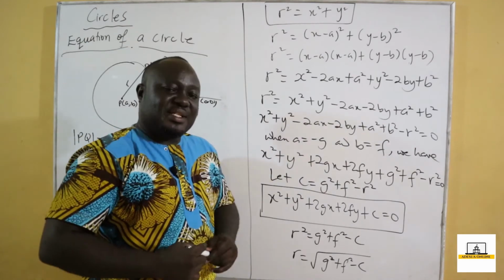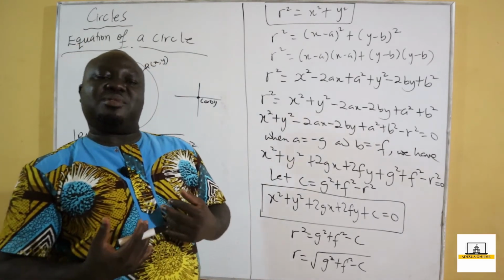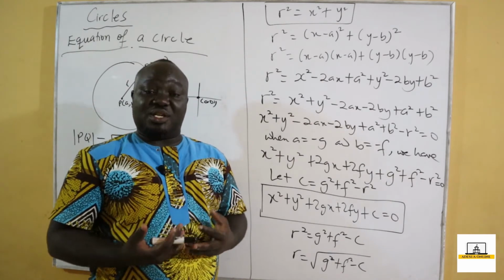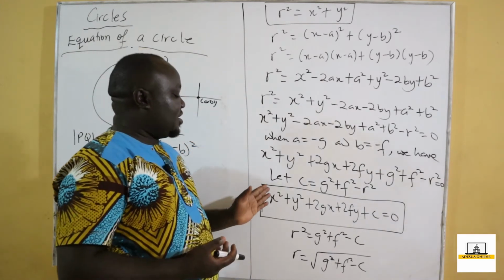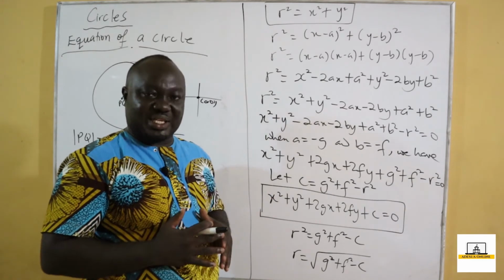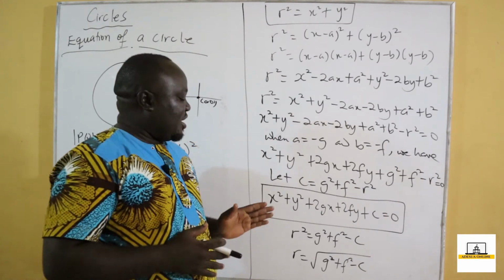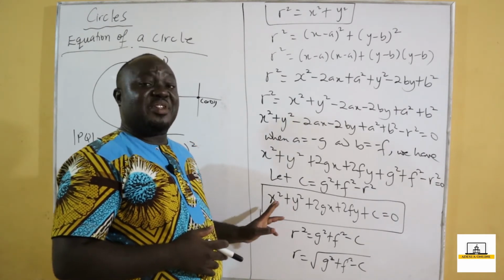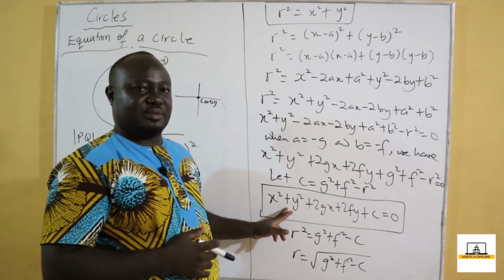Anytime we are given the equation of a circle, we should always notice that the coefficients of x squared and y squared will always remain the same. So if the coefficient of x squared is 5, then the coefficient of y squared should be 5. If they are different, this is not a circle.